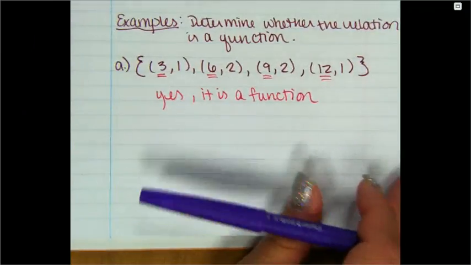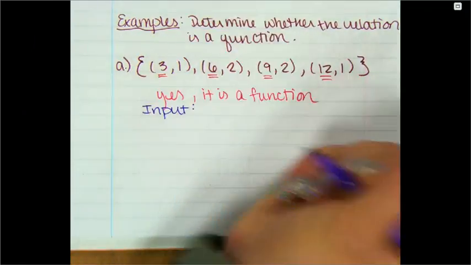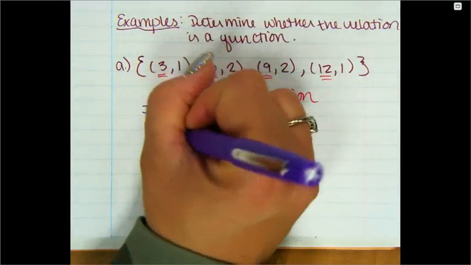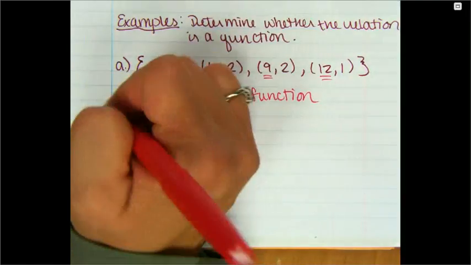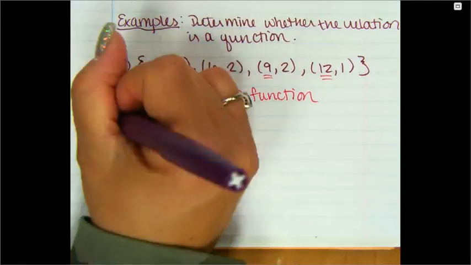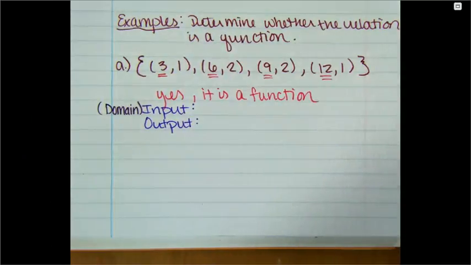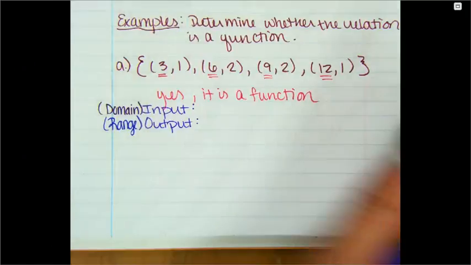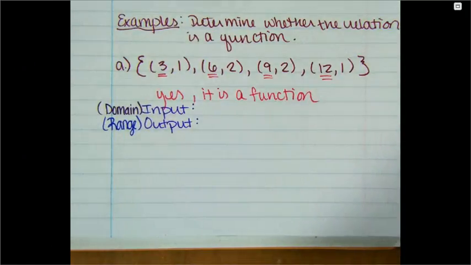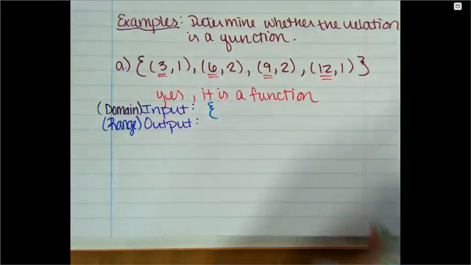Since it's a function, we're going to list our input and our output. This was our domain. This was our range. What are our inputs?